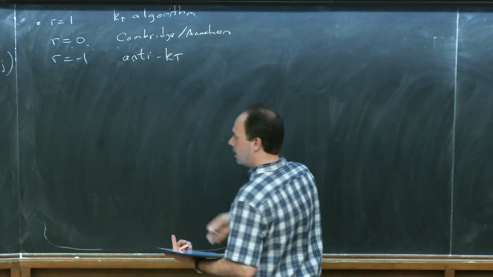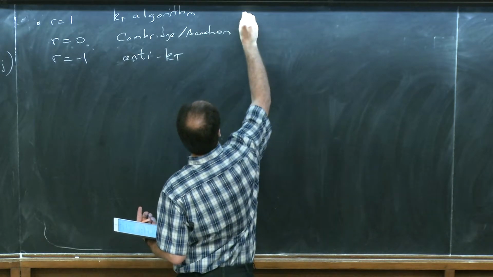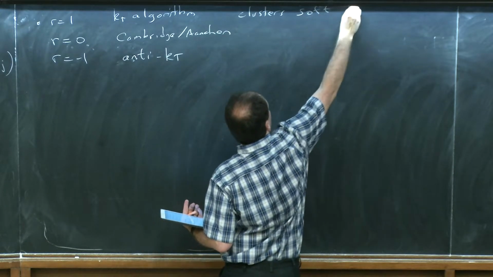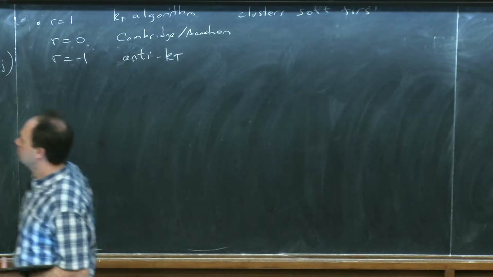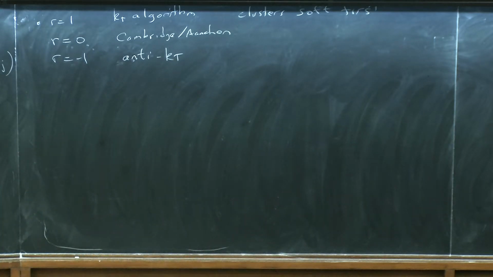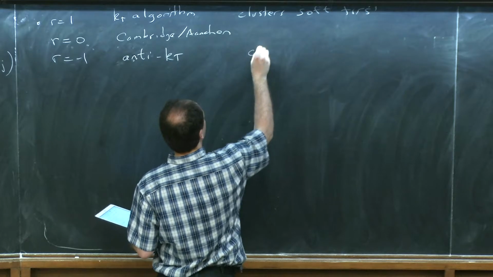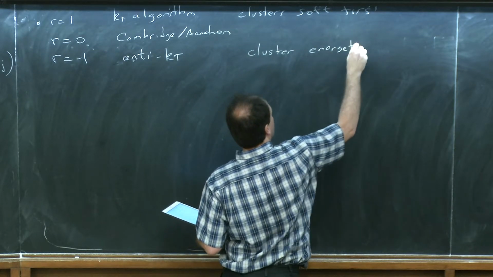And they differ in exactly how they deal with the particles. For example, the kT algorithm clusters soft particles first. That's because I'm raising the pT to a positive power, so the smaller of these is going to be the softer, and that's the one that gets clustered first. This one has the pT downstairs, so it works the opposite way. It clusters the energetic particles first.